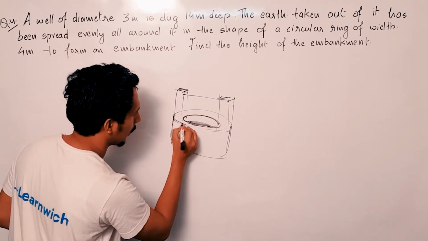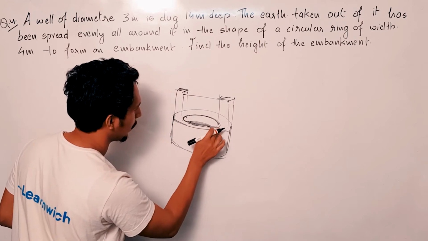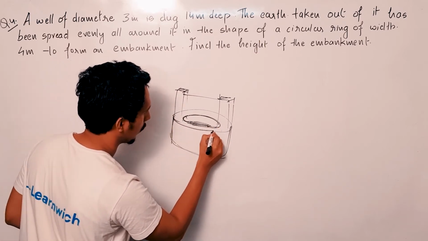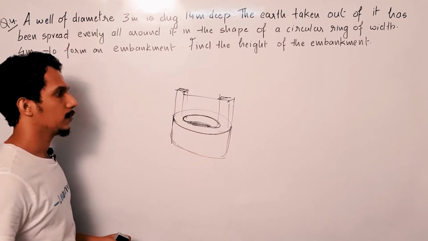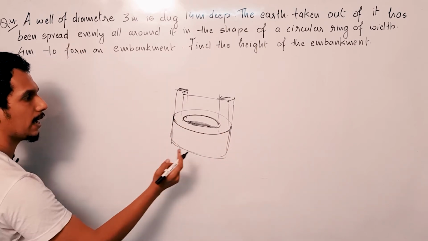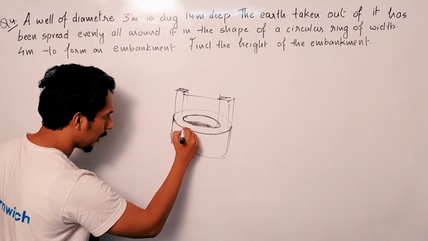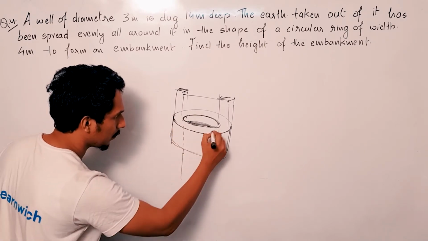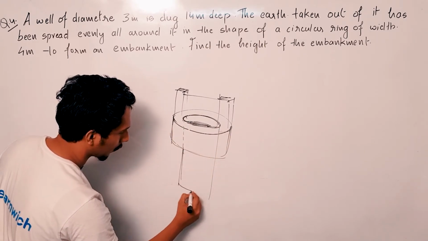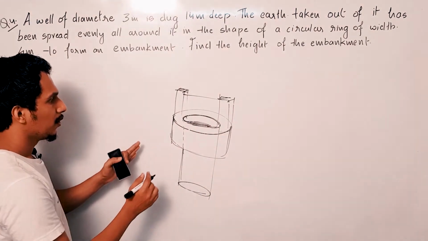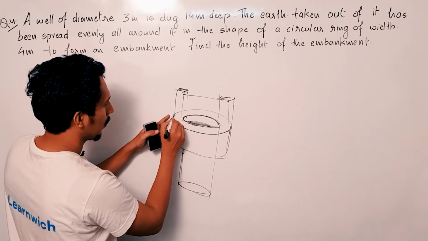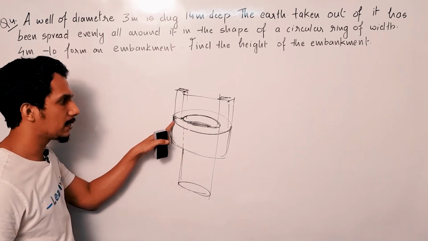I think everybody has seen an embankment like this that is built around a well. Usually this is what is called an embankment, and this is where the well lies. Right, so there is a well inside of this. There is a well and there is an embankment. Understood?